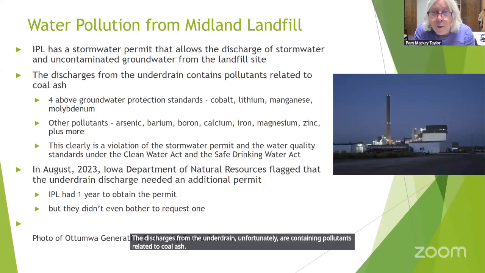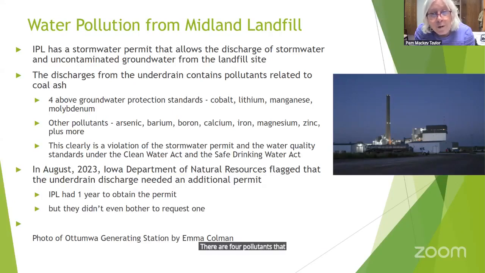There are 4 pollutants that are above the groundwater protection standards. That's cobalt, lithium, manganese, and molybdenum. There are other pollutants that are found in this underdrain liquid: arsenic, barium, boron, calcium, iron, magnesium, zinc, and some others.